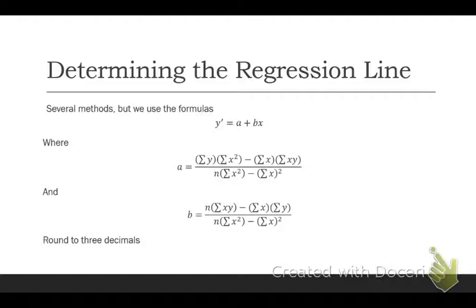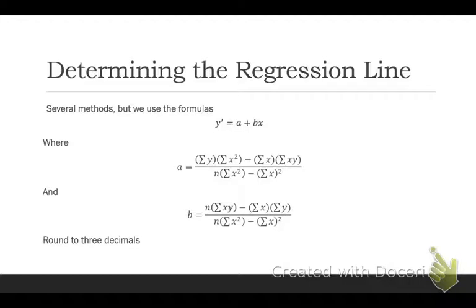So we can sort of see the general idea of y equals mx plus b right here, except because we don't have a perfectly straight line, we have to modify it a little bit. So instead of y, which is the actual, we have y with that little tick mark, and that is just saying that the predicted y is now going to be equal to a plus bx, where a follows this formula and b follows that formula.